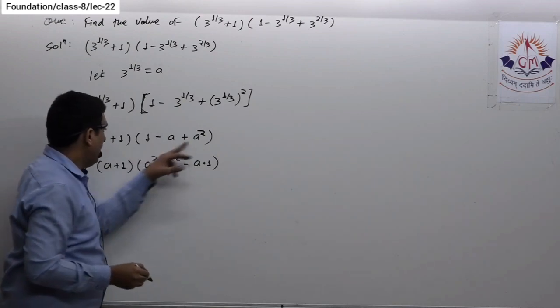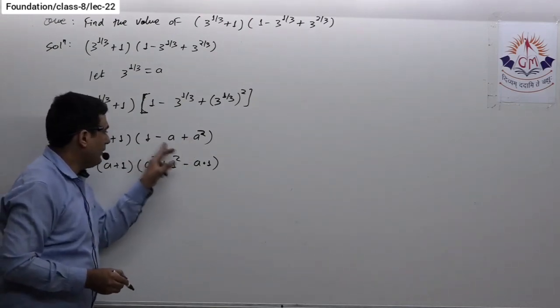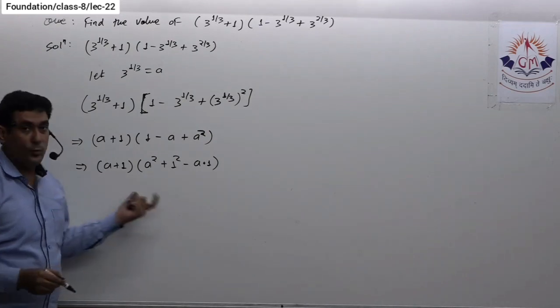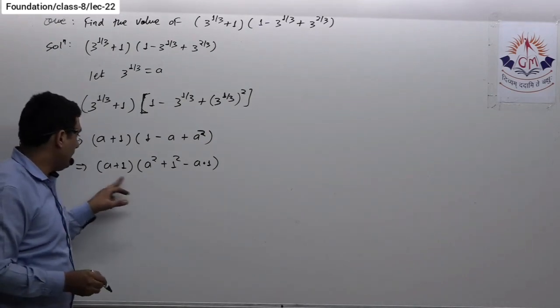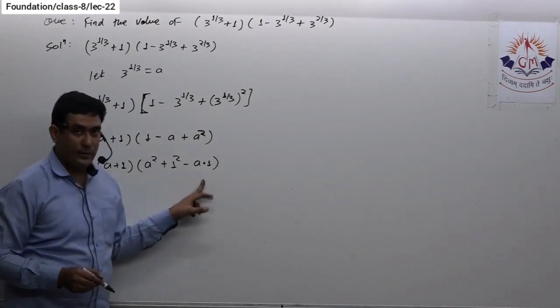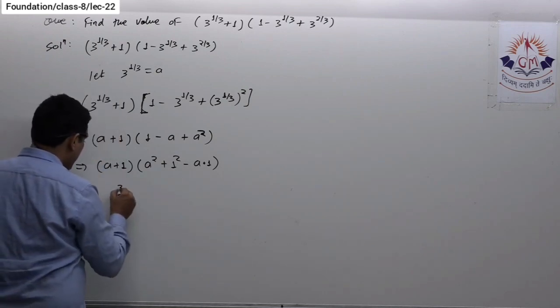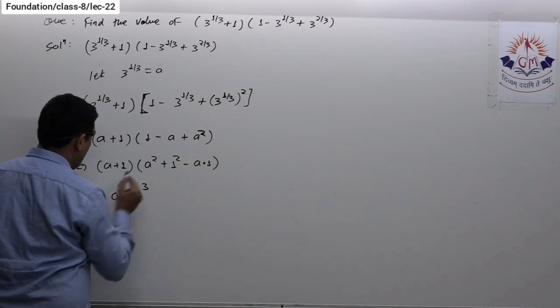This exactly fits the identity of a cube plus b cube, isn't it? (a + b)(a square + b square minus ab) is a cube plus b cube.